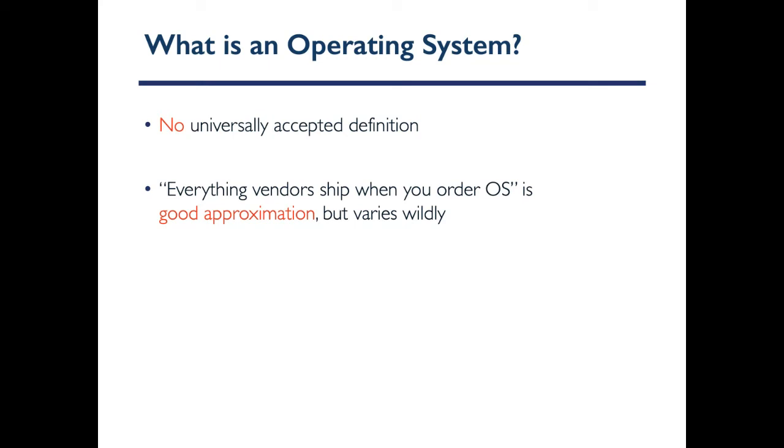Well, you could say whatever is shipped when you order an operating system. Let's say you get your Mac. Whatever is shipped with it is kind of an operating system. It's a good approximation. If you buy a Windows machine, it's going to be that. If you go and download an Ubuntu image, that's sort of going to be a good approximation of what an operating system is.